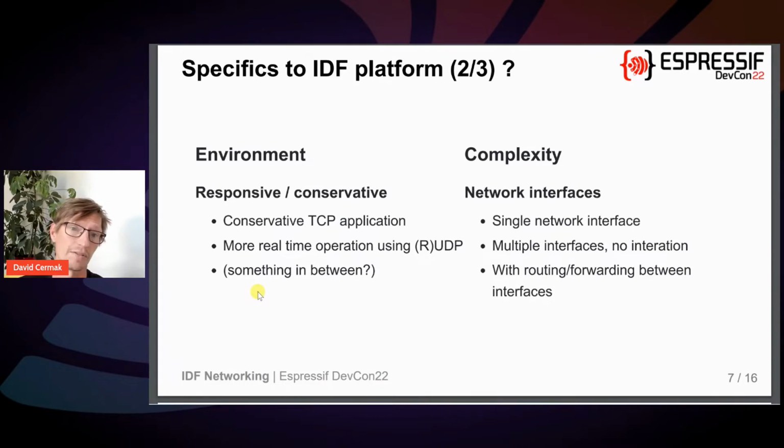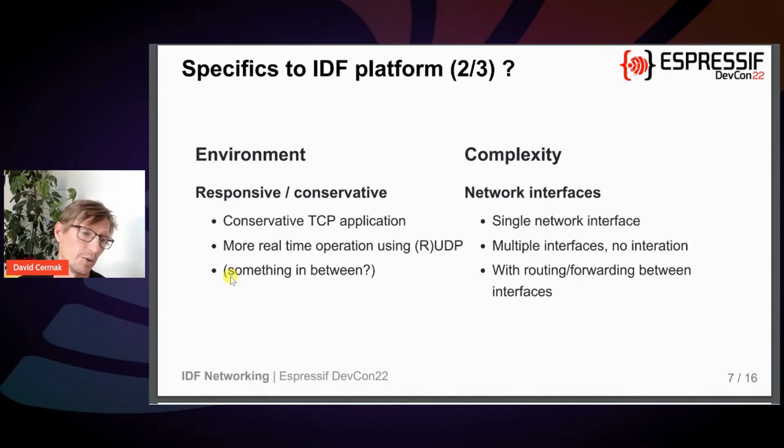As for the environment and complexity, we have to think about how responsive our application would be: if it's really something very conservative, an application which relies on the TCP layer to reconnect, retry, and make the connection stable again, or if we want something more real-time, or usually something in between.